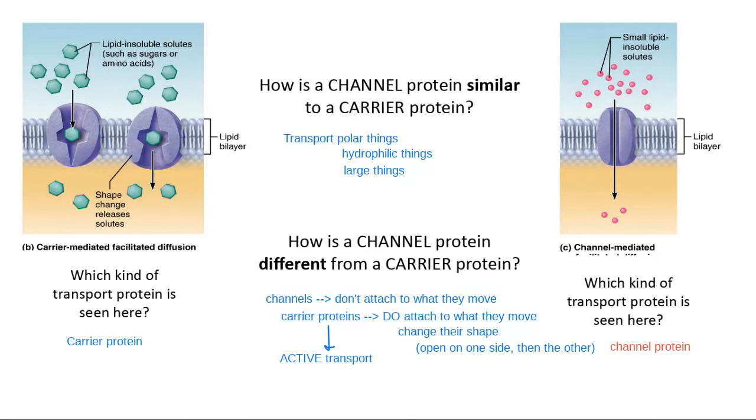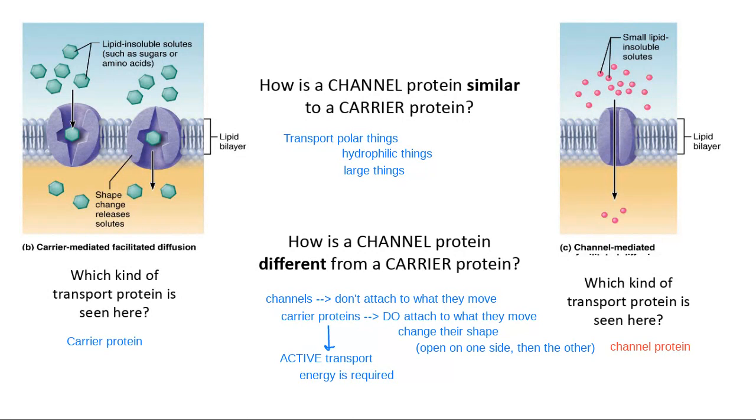Yeah, active means that energy is required. When I'm doing carrier proteins, I believe all of them, or at least the vast majority of them, we're going to have to use energy to do this because we're changing the shape of a protein. So active transport with carrier proteins.